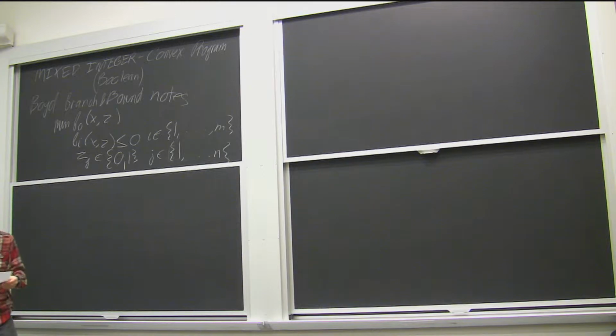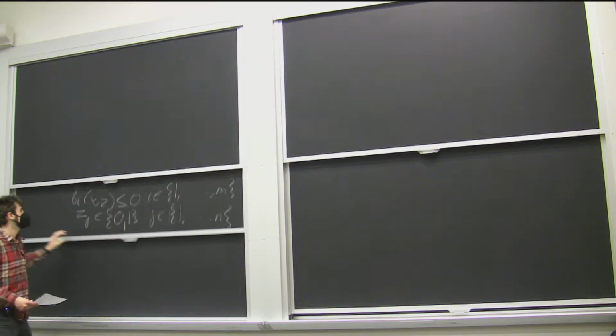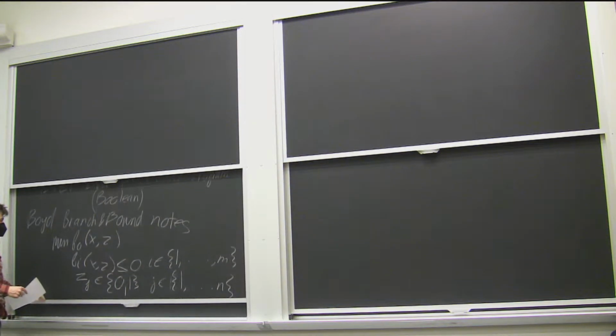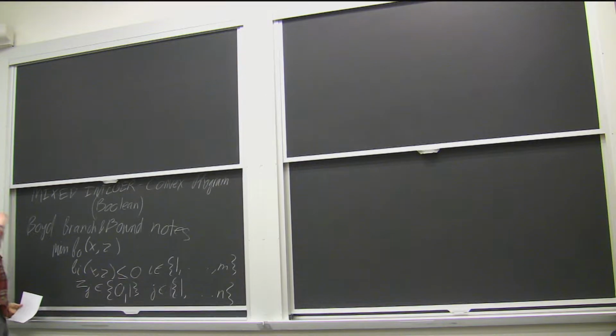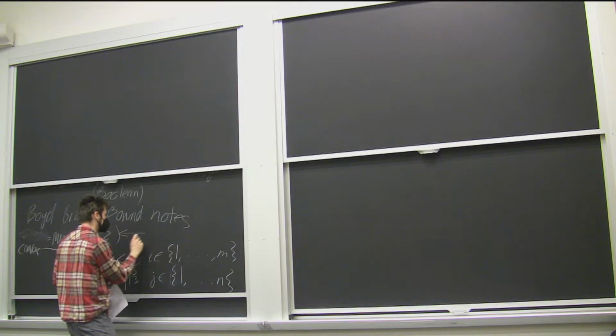So the assumption here is that, although the methods I'm going to describe are kind of invariant to this, these constraints are convex, and this function is convex.